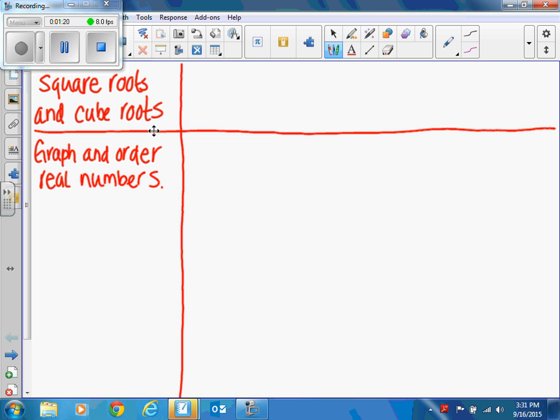We're going to do this on a number line. So first we're going to have a set of numbers. Our set of numbers is going to be in this brace.